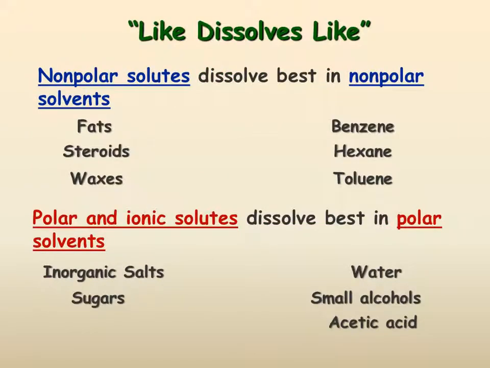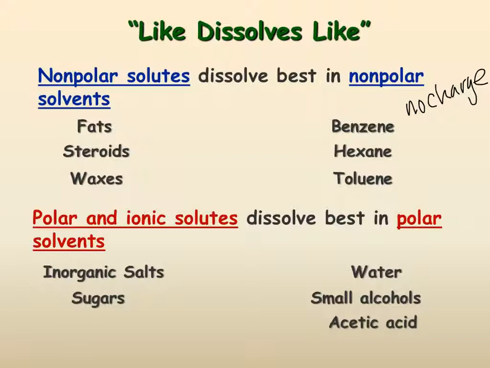So when it comes down to solvents, like dissolves like. There are two major groups of solvents. There are non-polar solutes and non-polar solvents, which really just means there's no charge, and there's going to be no attraction to any things that are charged when you're dealing with a non-polar solute and solvent.